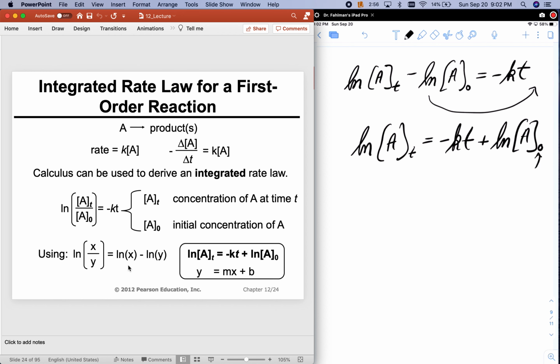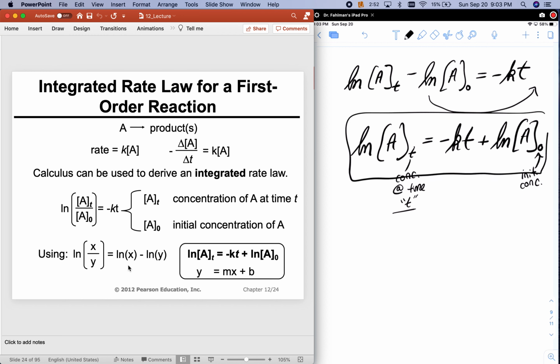This is at time 0, so this is your initial concentration, and this is the concentration at a certain later time t. By the way, all of these integrated rate laws I will give you on exams, so you do not have to memorize them. You just have to know how to use them.